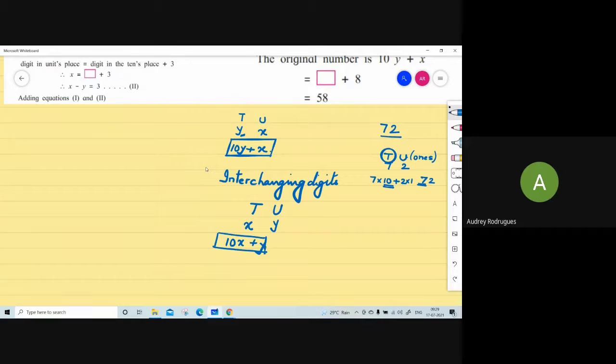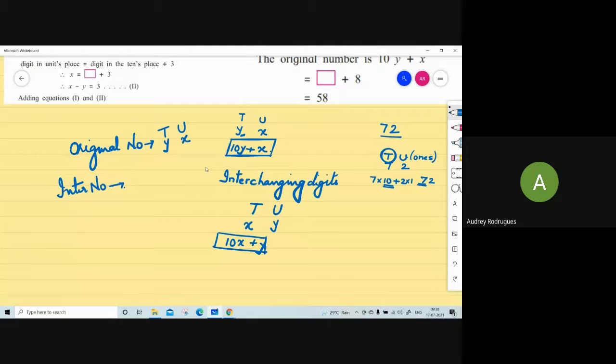I only want the digits. Which are the digits of the original number? x and y. Original number had digits, tens place was y and units place was x. Interchanged digits will be the interchanged number.